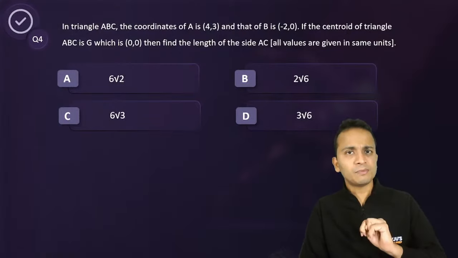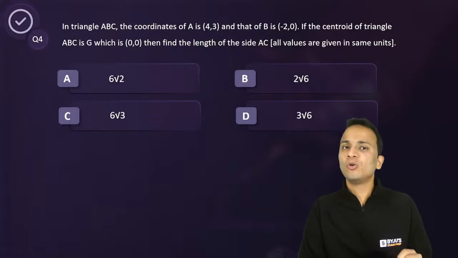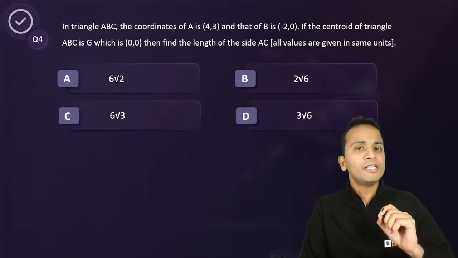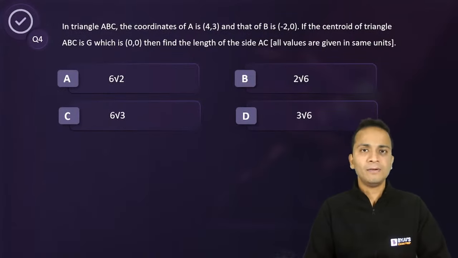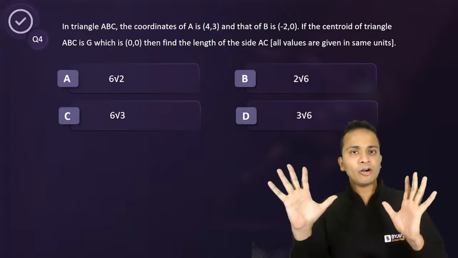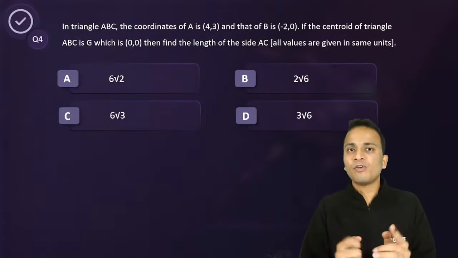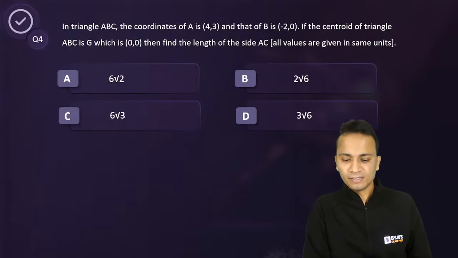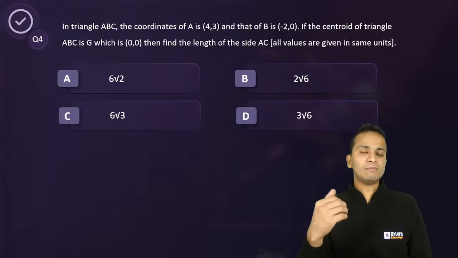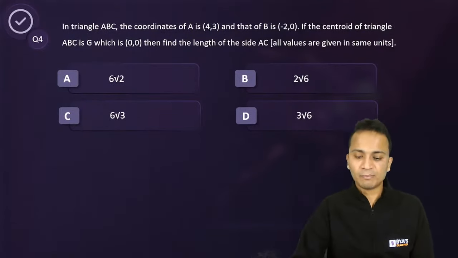So two different concepts will be used. First of all, you must know how to calculate the coordinates of the centroid. Simple formula hai. And then you have to obtain the coordinates of point C using that. Then using the distance formula, calculate the length of AC. So I'm not telling you any of the formulas, I'm just giving you the directions. Now it's up to you to find the final answer.